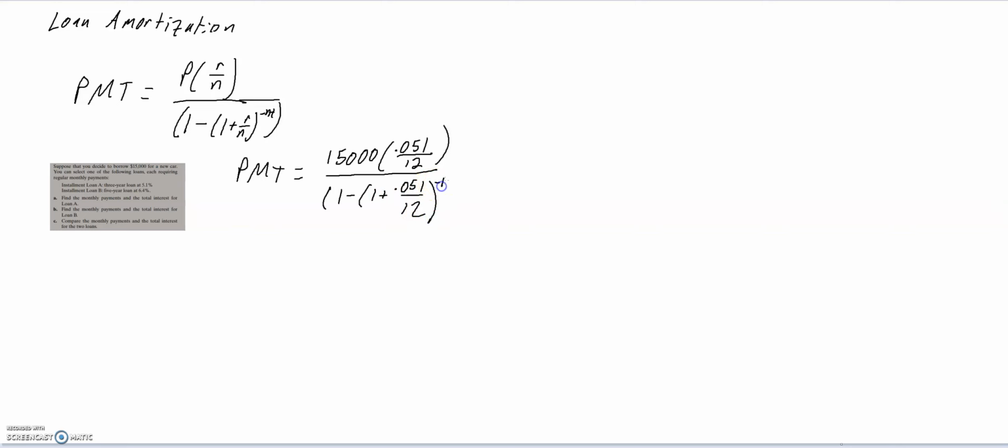So here this is negative 12 times T, which here is a 3-year loan, so it's 3.